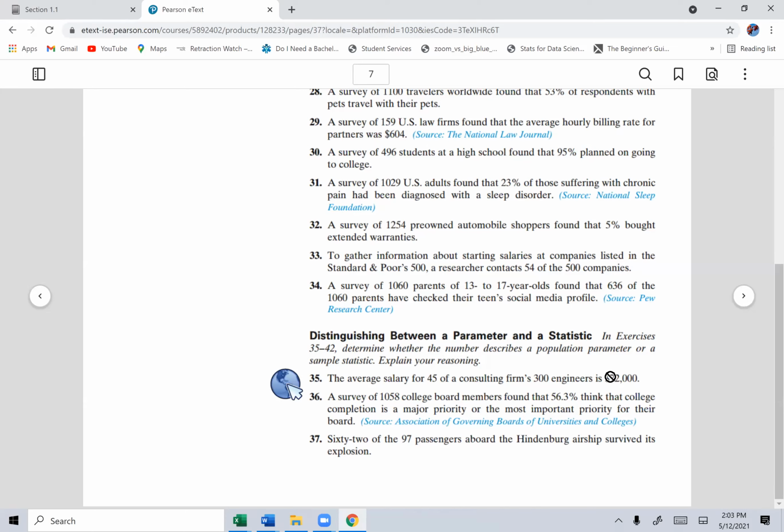Does the 72,000 represent a parameter or a statistic? Statistic. And why is that? Because they only have 45, exactly, out of 300 engineers. They took the average salary of the 45, not all the 300 engineers.